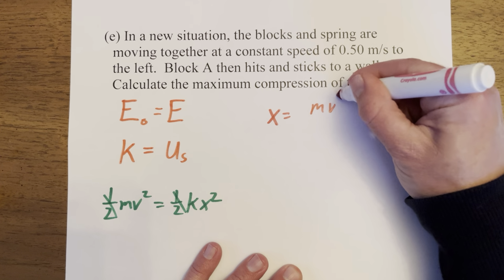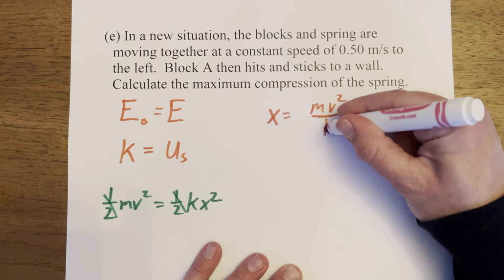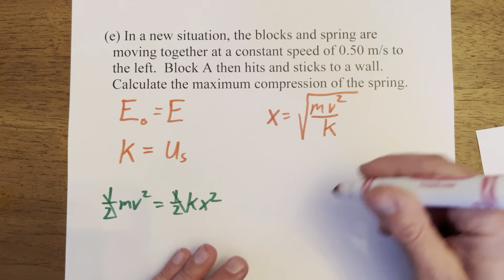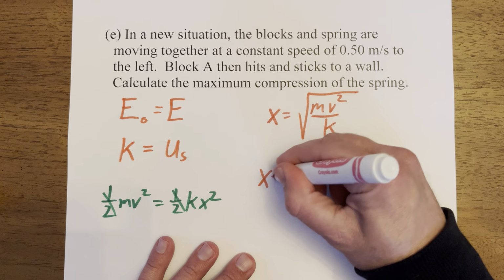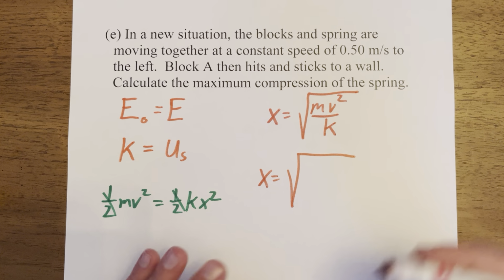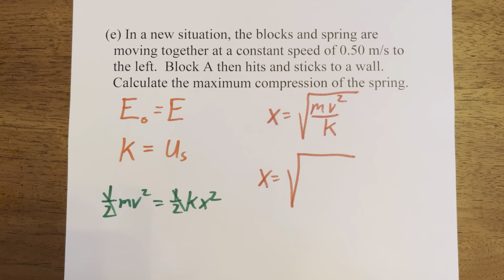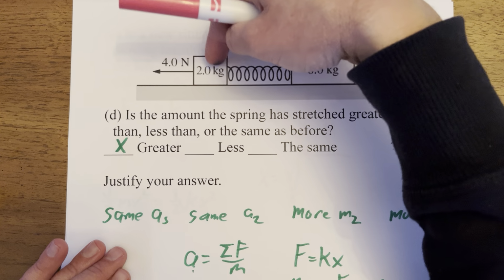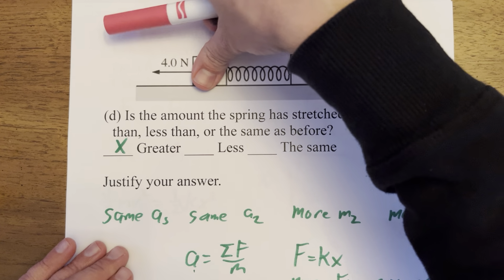So let's see here. We get mv squared, and I'm going to divide k down to the other side. I've got x squared here, so I have to take a square root. Now we are ready to start to plug in. One thing to keep in mind as we plug in is that you can imagine as this whole system moves off, some wall or something will stop the 2 kilogram block, so we don't consider that mass.